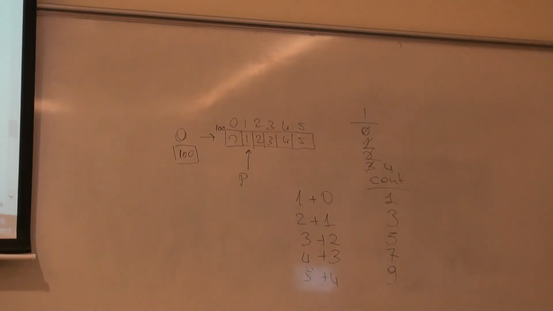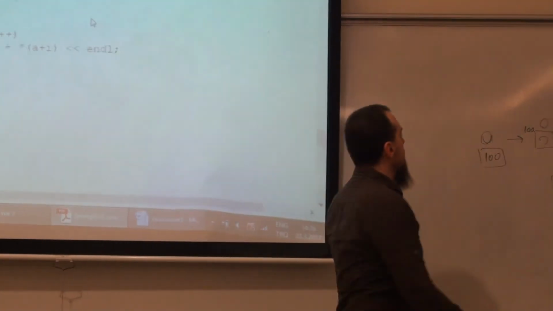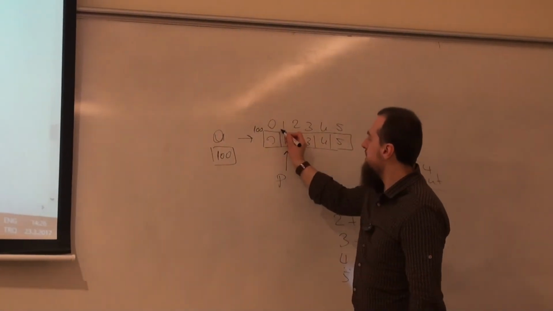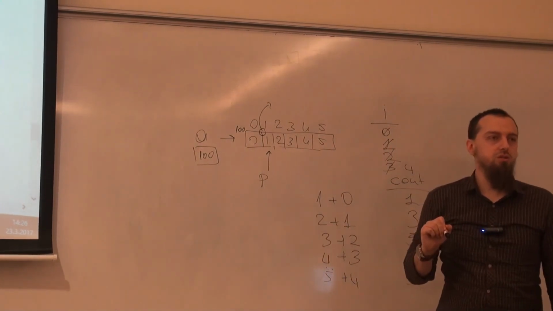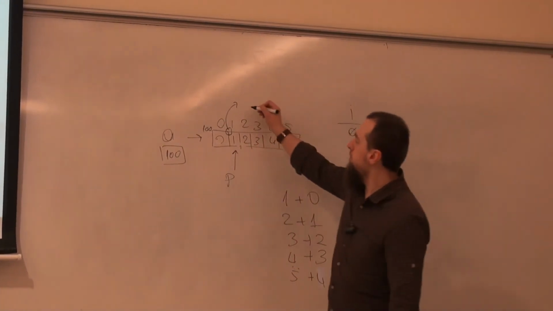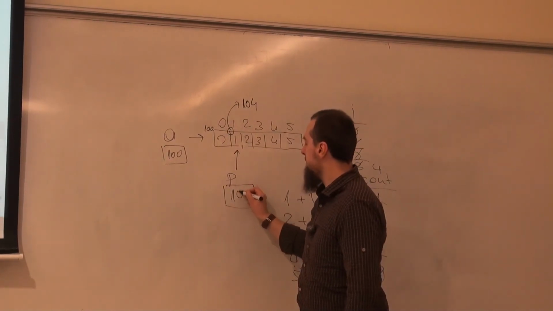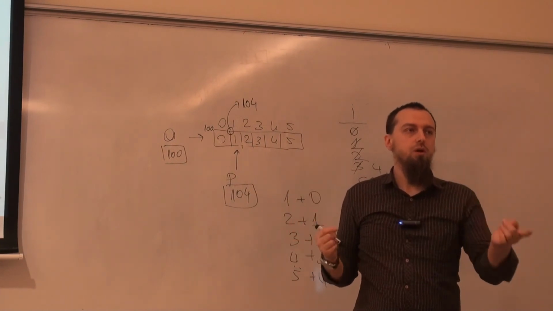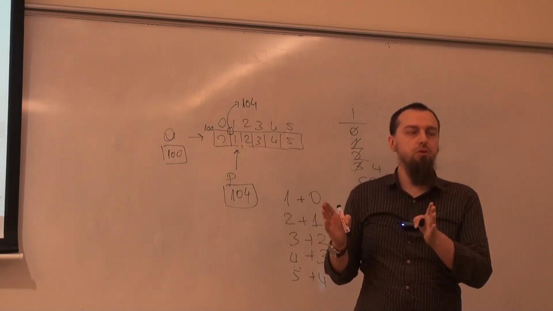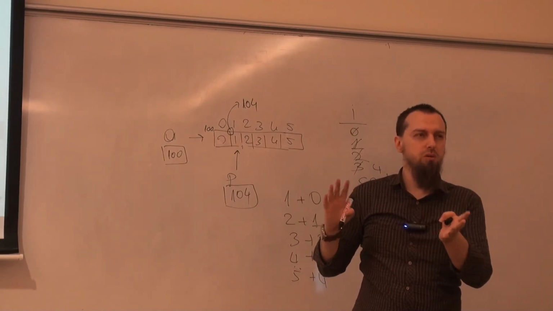But A plus 1, you see this is a pointer, and we're dealing here with pointer arithmetic. So what do you think is going to be the address of this guy here? We are using integers here. 104. So P is going to be 104. If you have any problems with this 104, there is a video file about pointer arithmetic, I think during the 2nd or 3rd week.